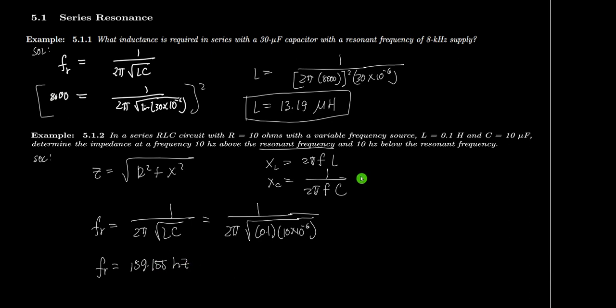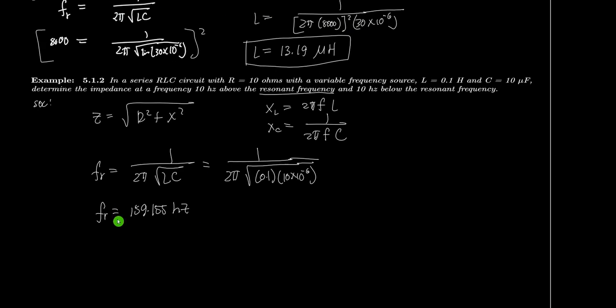Even though the problem does not ask for the impedance at the resonant frequency, we already know it. Why? Because at resonance, the circuit becomes purely resistive, so the impedance is just equal to 10 ohms. We don't need to solve that. We only want the impedance at 10 hertz above and 10 hertz below the resonant frequency.